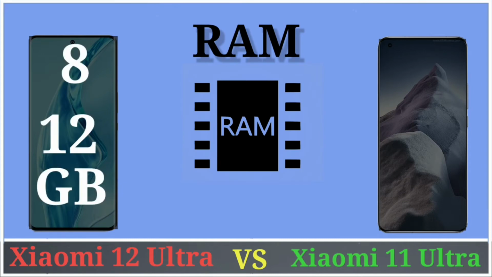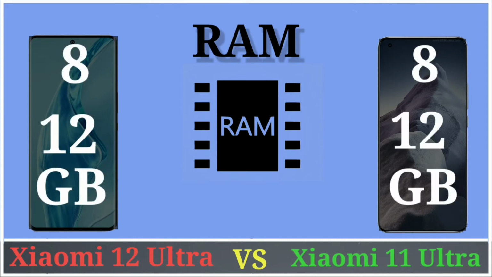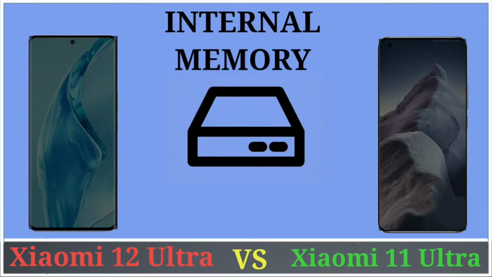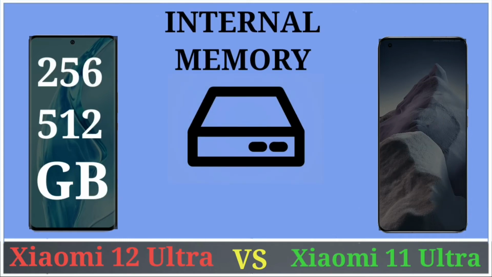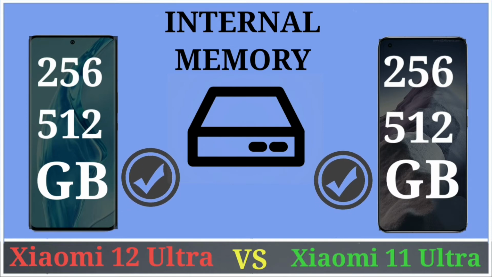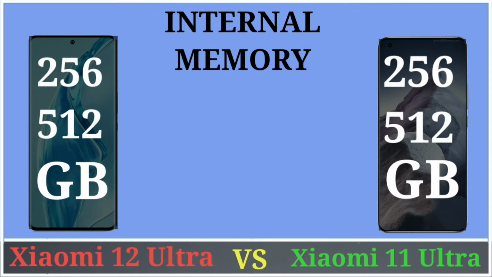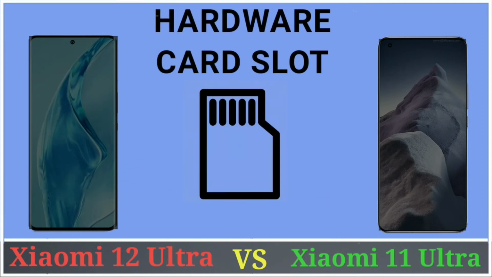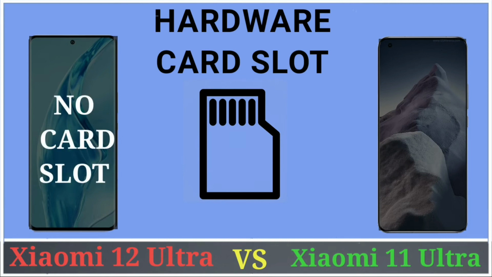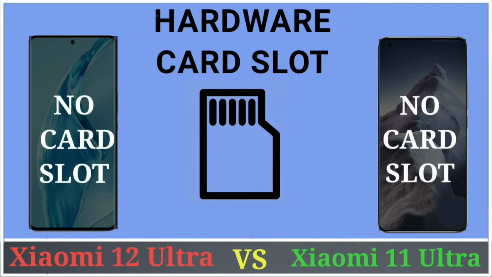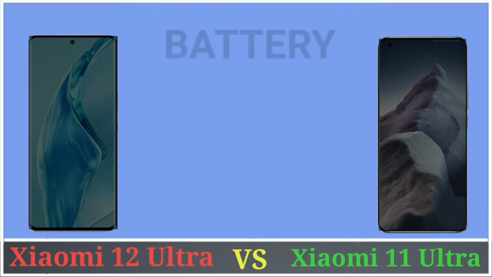RAM. Xiaomi 12 Ultra has 8GB or 12GB RAM variant and Xiaomi 11 Ultra also has 8GB or 12GB of RAM variant. Internal storage. Xiaomi 12 Ultra has 256 or 512GB internal storage and 11 Ultra also has 256 or 512GB of internal storage. Card slot. Xiaomi 12 Ultra doesn't support any card slot and 11 Ultra also doesn't support any card slot.